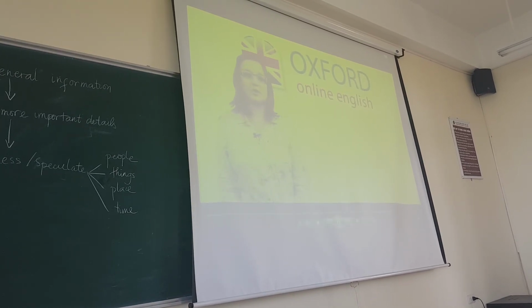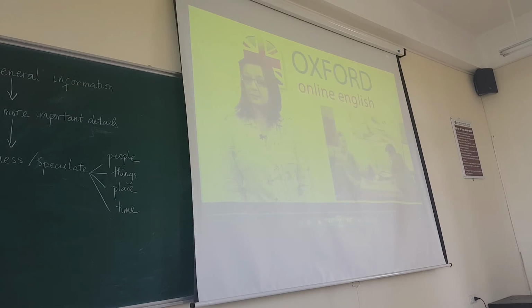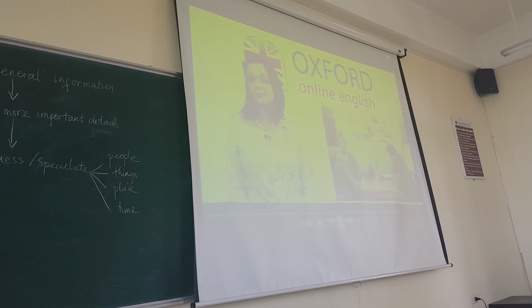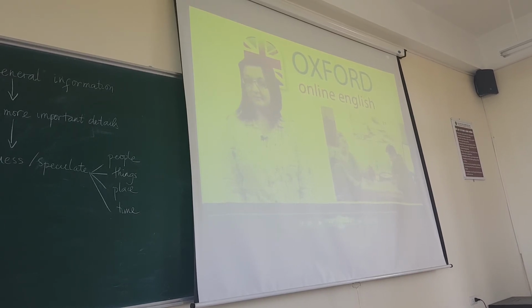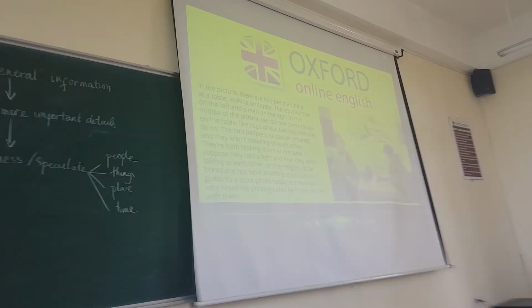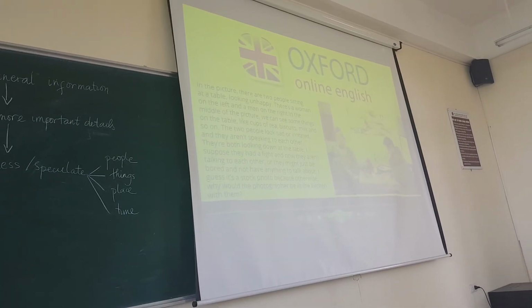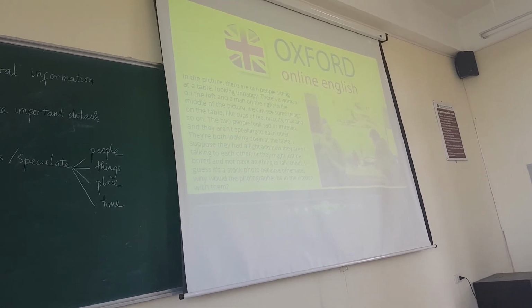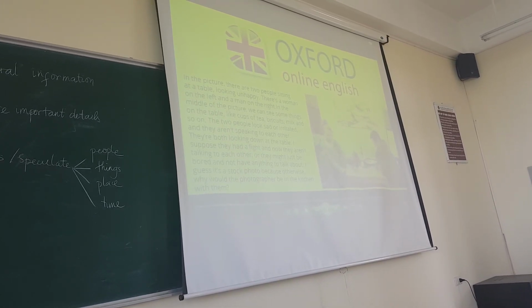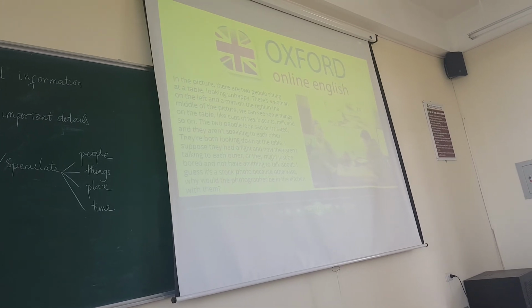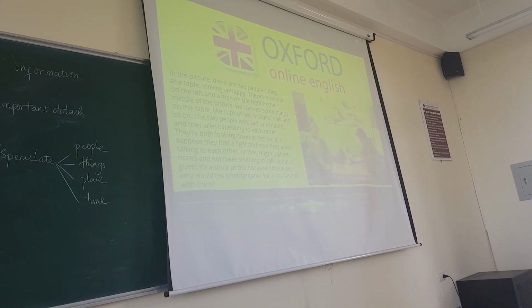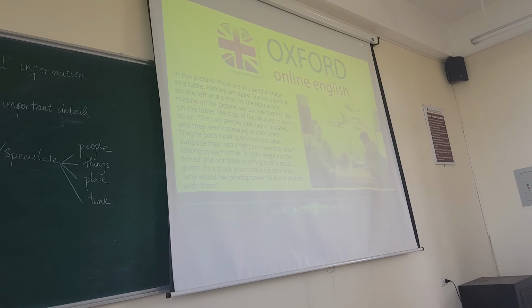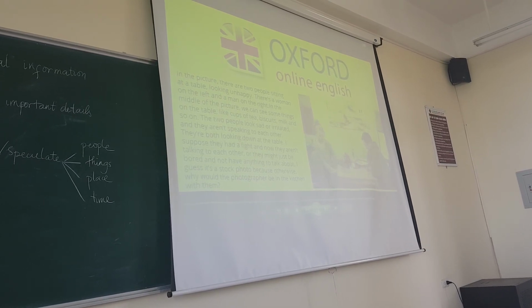We'll start with a picture we've used already. Here's a possible longer answer. In the picture, there are two people sitting at a table, looking unhappy. There's a woman on the left and a man on the right. In the middle of the picture, we can see some things on the table, like cups of tea, biscuits, milk, and so on.